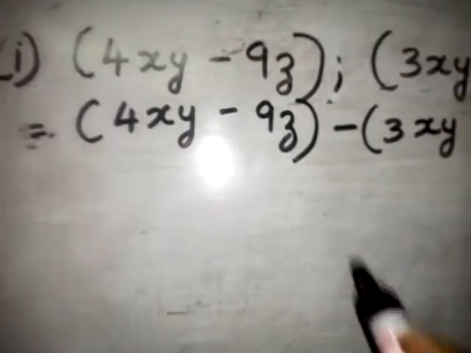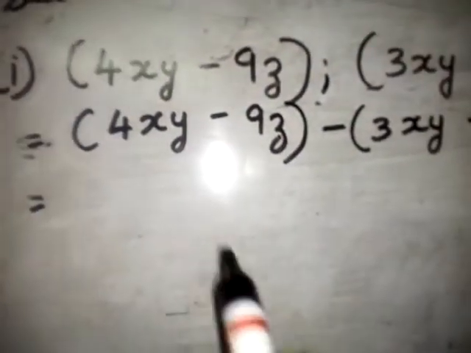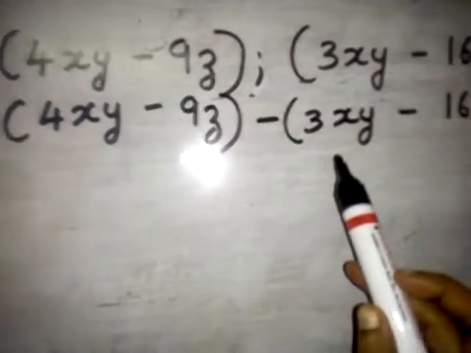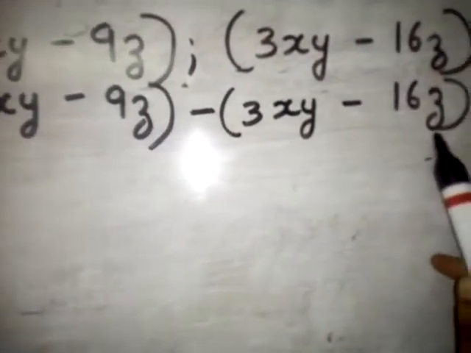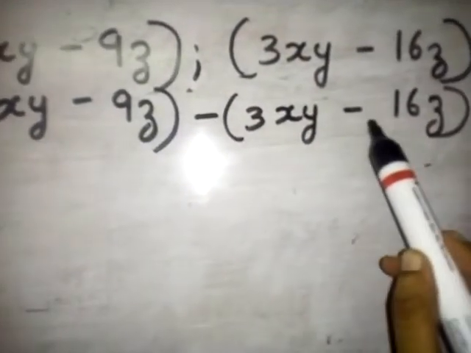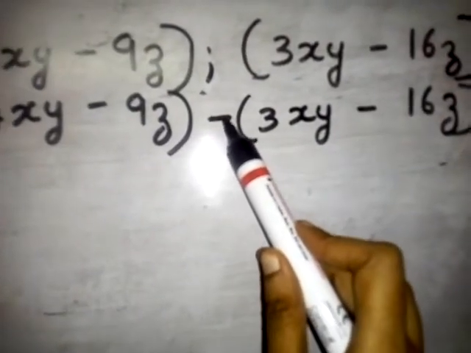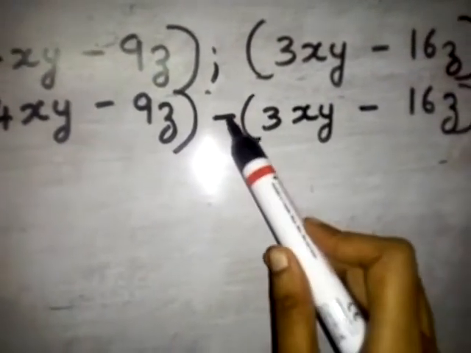Now you have to open the bracket. You write the first expression without brackets, and in the second expression you have to convert the signs, meaning the sign becomes opposite, minus into plus and plus into minus.